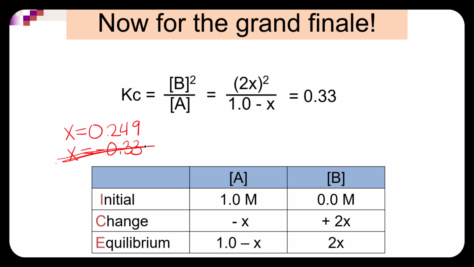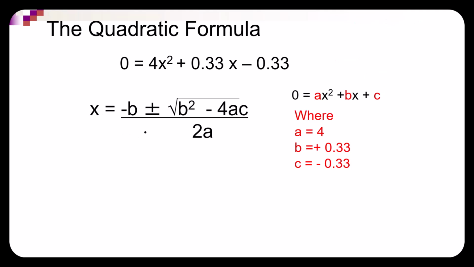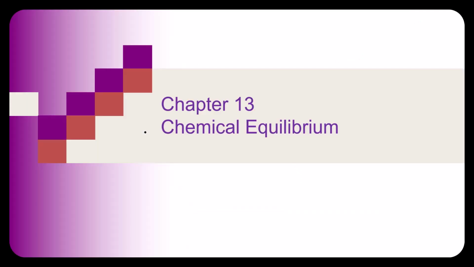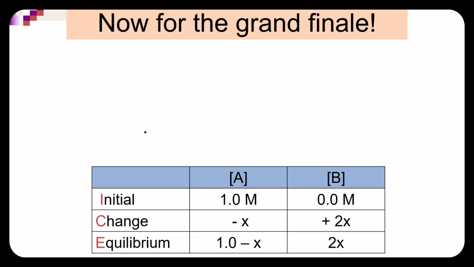So the value that we're going to move forward with is that x equals 0.249. That's the only one that makes sense to us. Okay. So now what I'm going to do is plug that value into this equilibrium column.